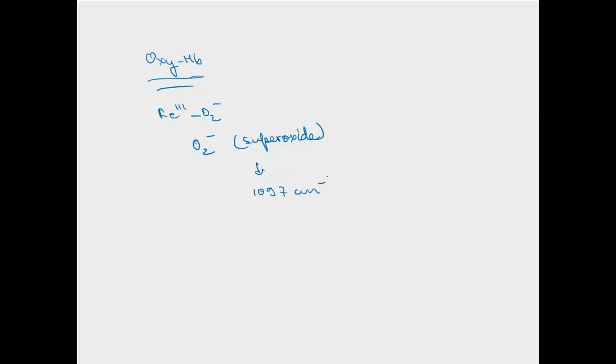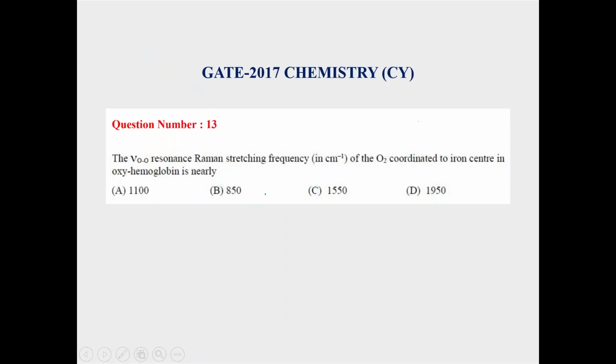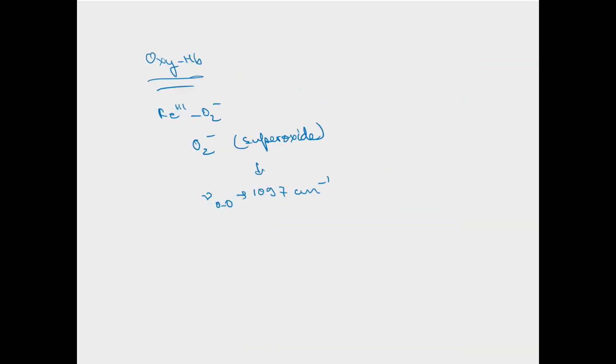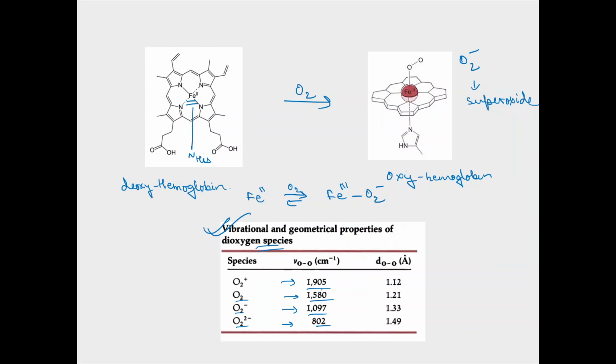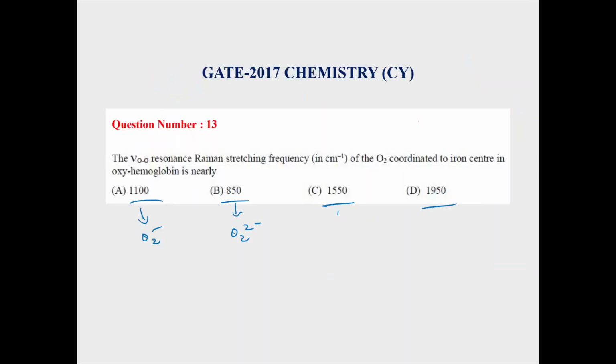Among the given options, 1100, 850, 1550 and 1950: 1100 is for O2 minus, 850 is for O2 2 minus, 1580 is for O2, and this is for O2 plus.